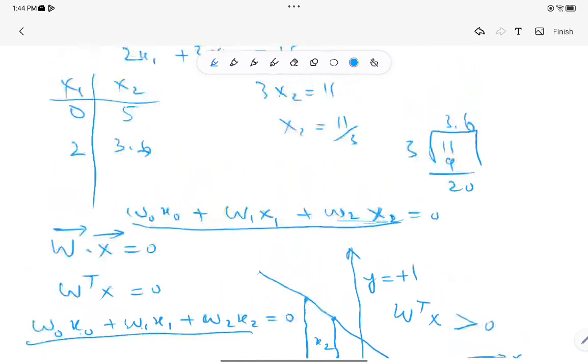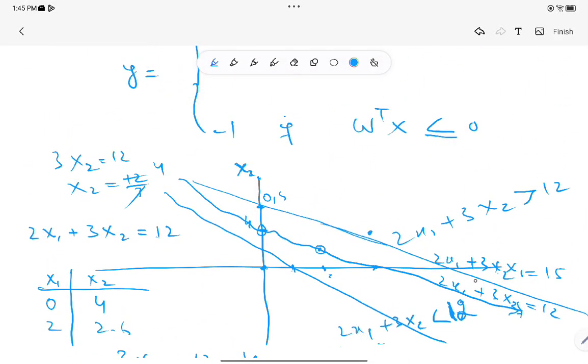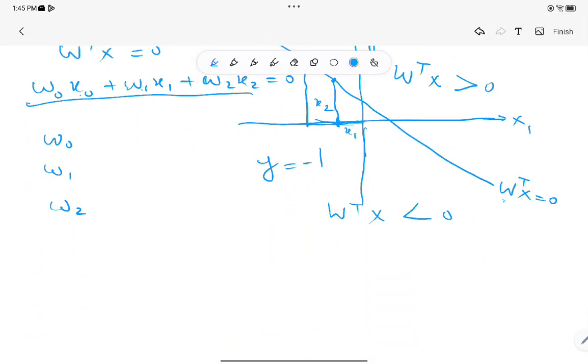Look at this equation, for example, with 2 and 3 the same for every point here. What changed? We did not change these 2 and 3. We changed x1, x2. x1, x2 change, but w is the same. So this means that if we could know these three numbers, then we can determine this line.